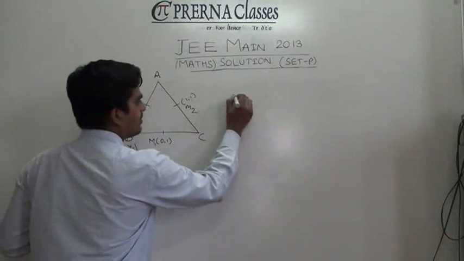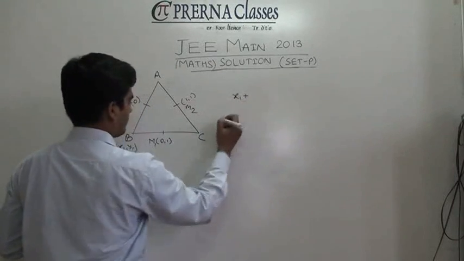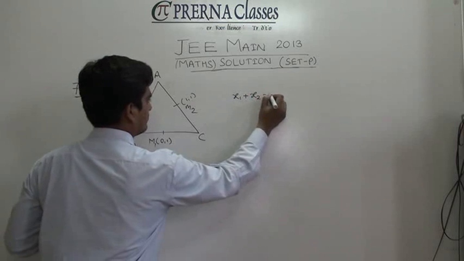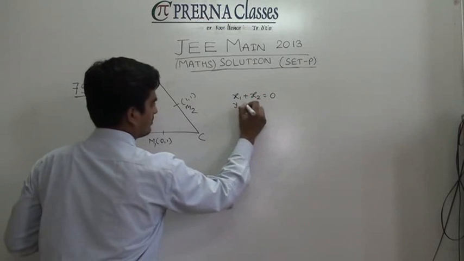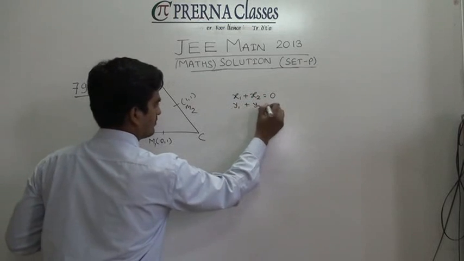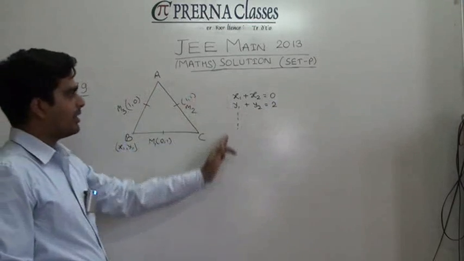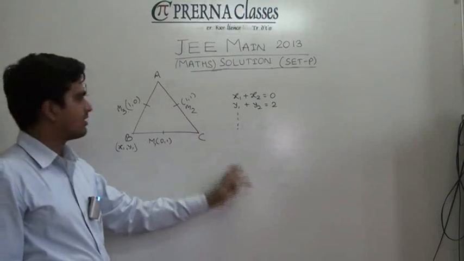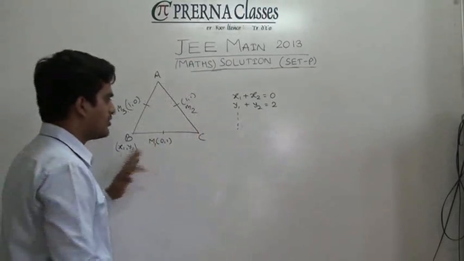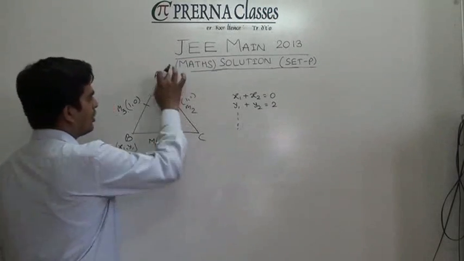You can check you have sufficient information like this. On the basis of these 6 equations, you can figure out all those. Once you figure them out, you know all these coordinates.